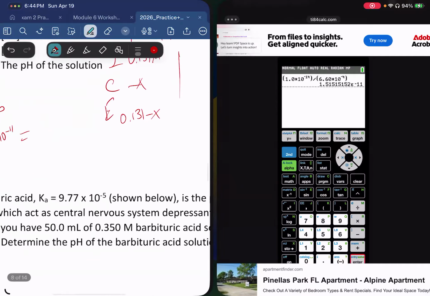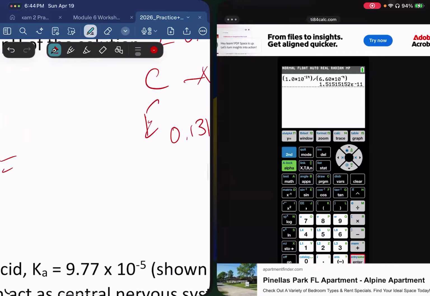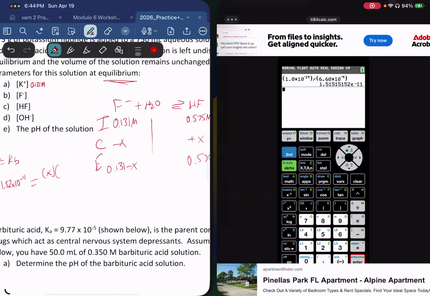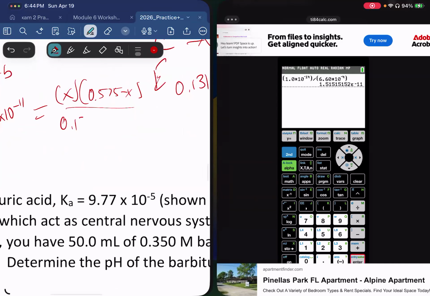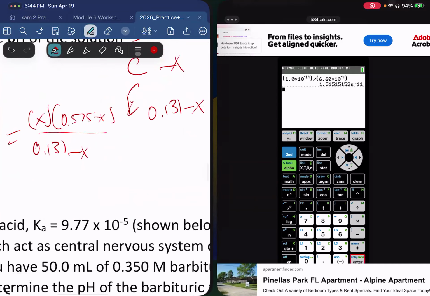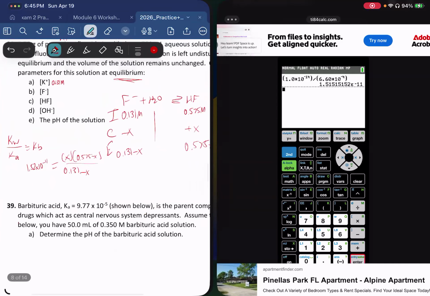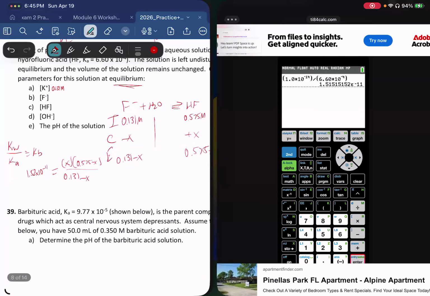So this is equal to hydroxide, so X times 0.575 minus X over 0.131 minus X. So let's do that. Here's a little helpful tip I have for you: on your calculator, you can put in these values. 0.575 minus X, that's the top.